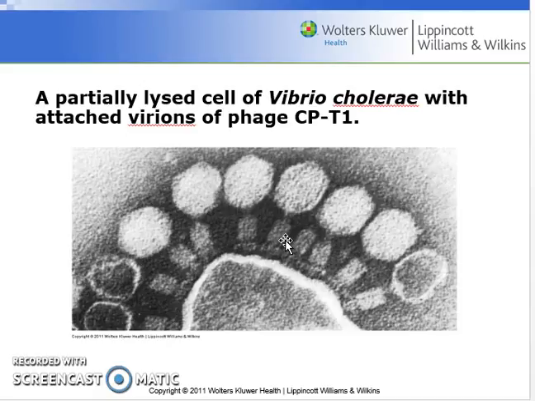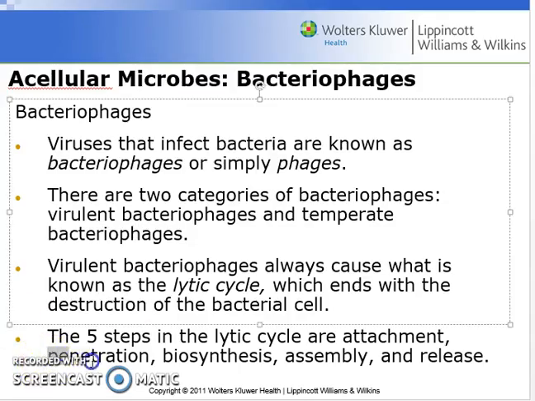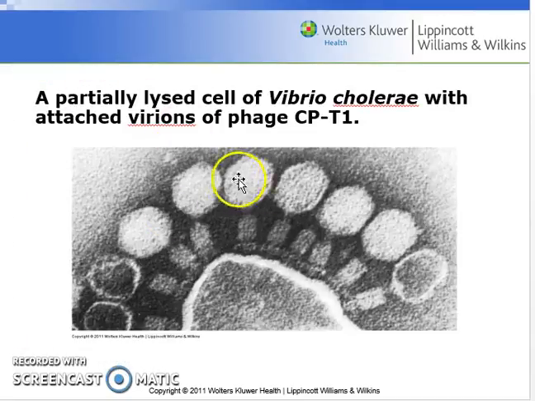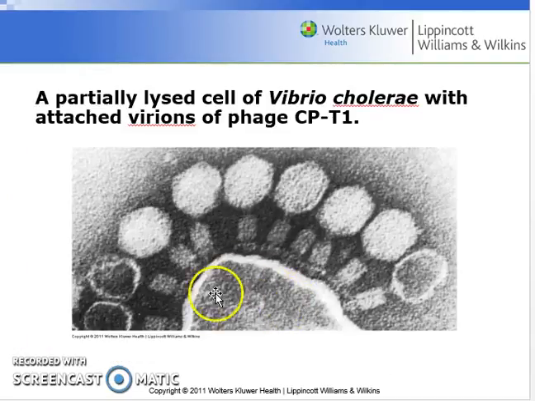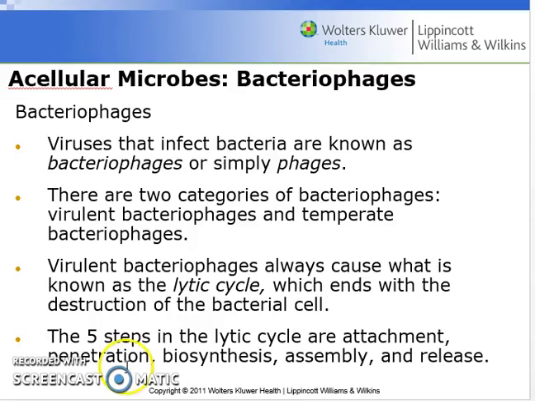The CPT1 virus starts attaching itself to the Vibrio cholerae cell, and once the attachment has happened, you have the process of penetration, where the virus acts like a syringe and passes its genetic material through the sheath of the CPT1 virus. Then that genetic material integrates into the cholera cell.